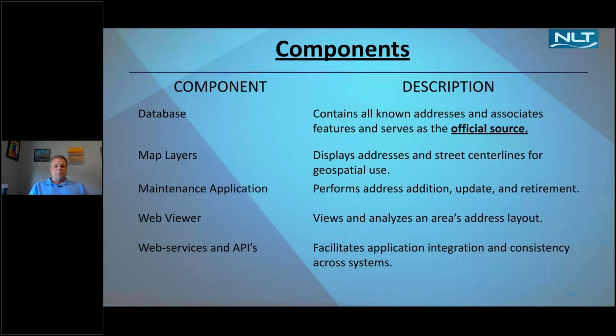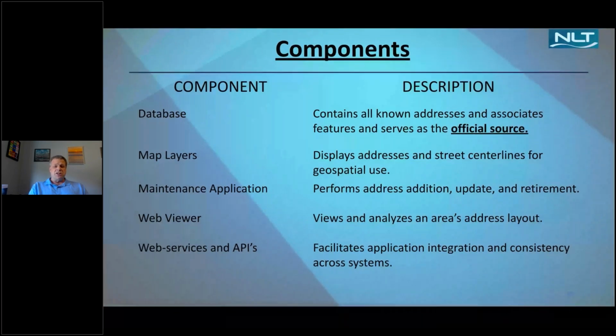When you talk about enterprise address management, there are actually multiple components that feed into having an address in the GIS and users being able to access that data and use it for their own particular purposes. The first one is obviously a database. The important part of the database, though, is that it's a single source of truth for addresses and associated features, and it serves as the official source.